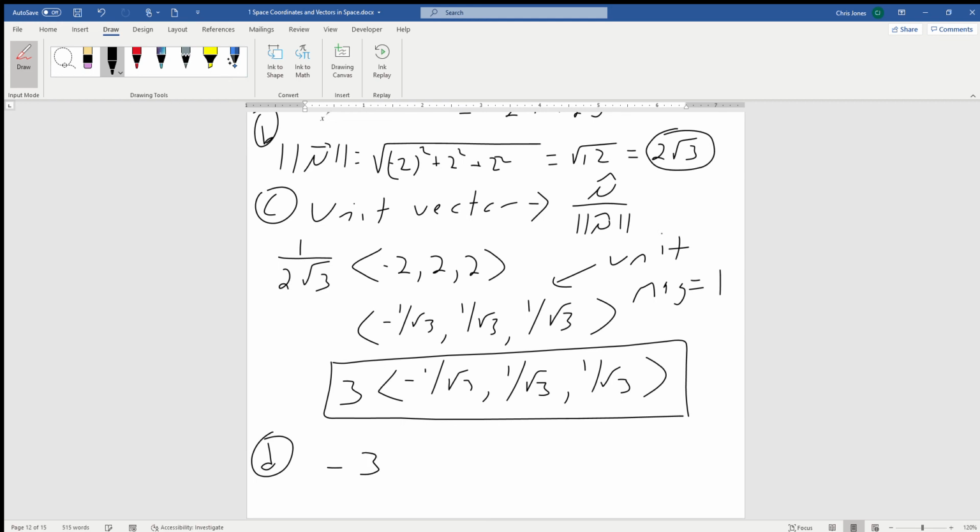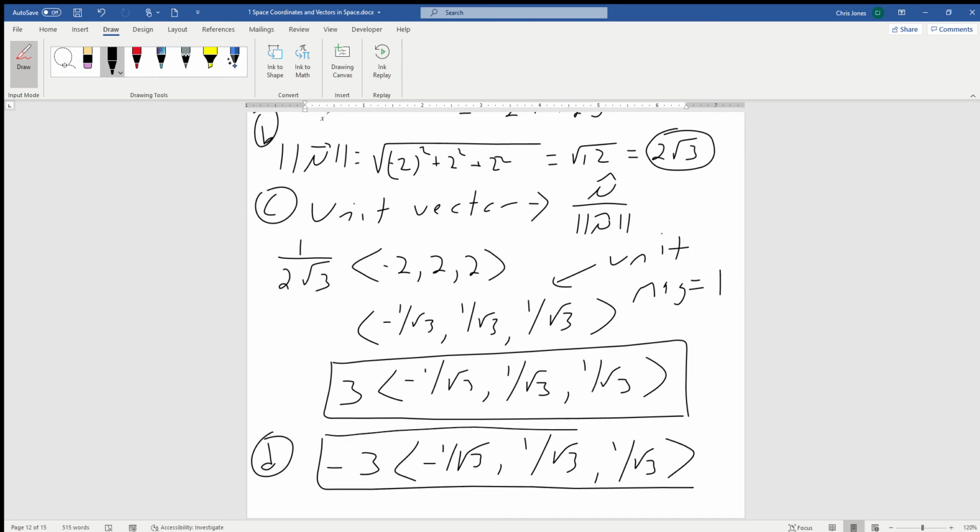We're just going to multiply by negative 3. So this has a magnitude of 3 in the opposite direction of u. So for the same direction, just multiply by the scalar once you find a unit vector. For the opposite direction, multiply by the opposite of that scalar times the unit vector of u.